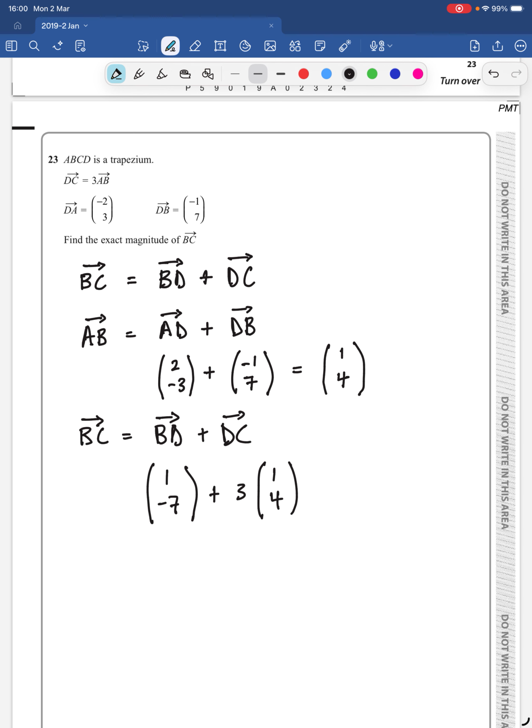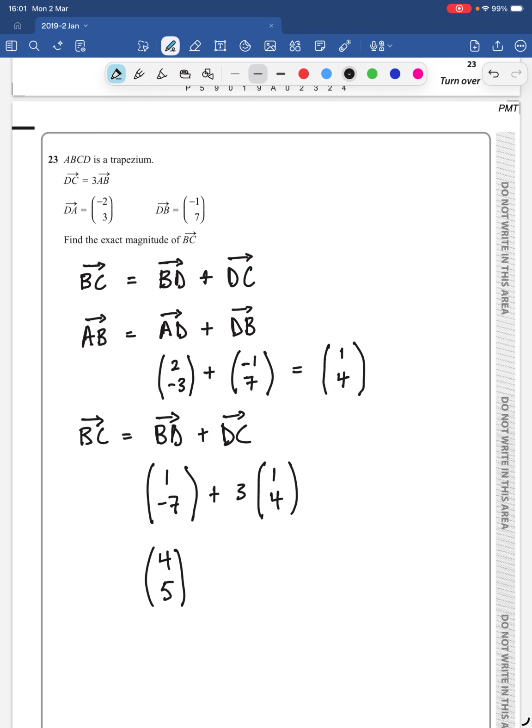And that is equal to 4 on top, because we have 1 plus 3 ones, and then we've got -7 plus 12, which gives us 5 on the bottom. So we've got the vector from B to C.